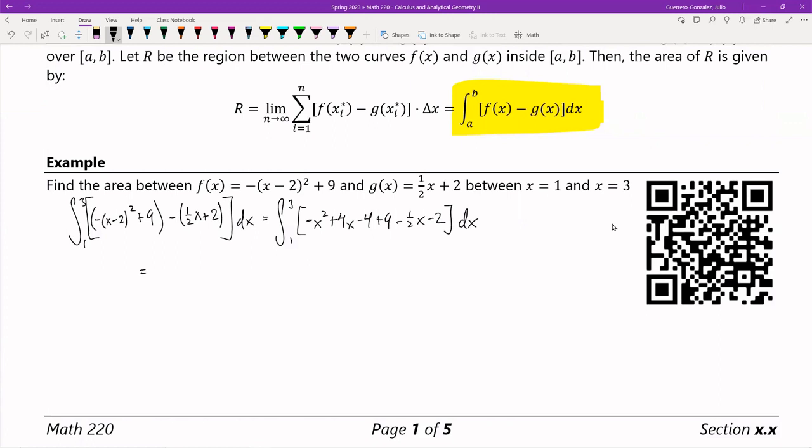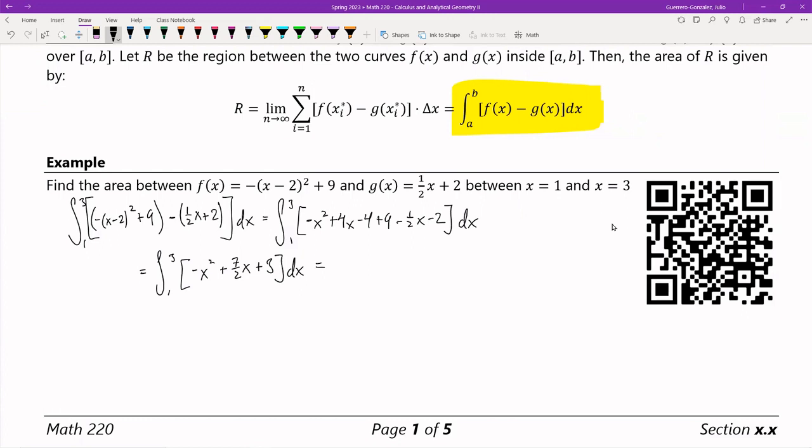And if this cleans up, 1 to 3, if you clean all of this up, you get something along the lines of minus x squared plus 7/2 x plus 3 dx. Okay.